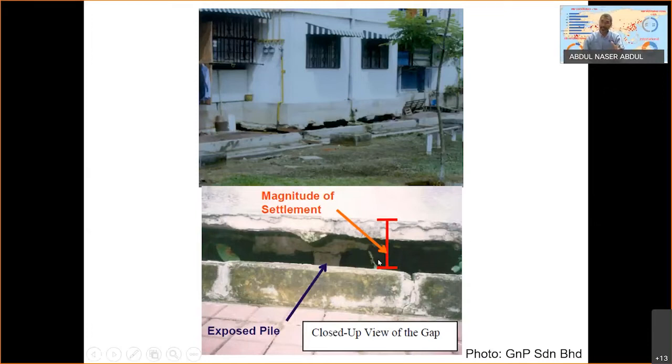In this case, probably there was no settlement analysis, so that's why this happened. They did not wait for the soil to settle before they came in and put this building. This is the result of that mistake.